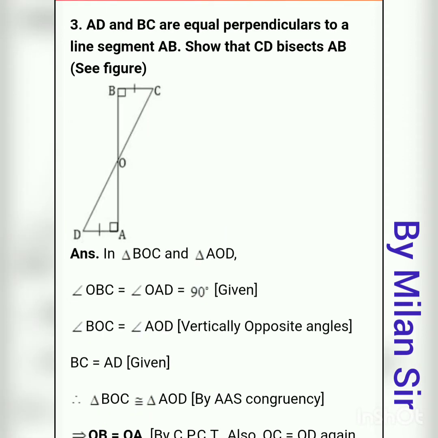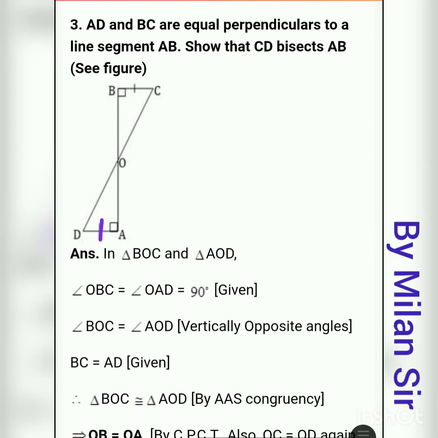After that, question number 3. Here, AD and BC are equal perpendiculars to a line segment AB. Show that CD bisects AB.